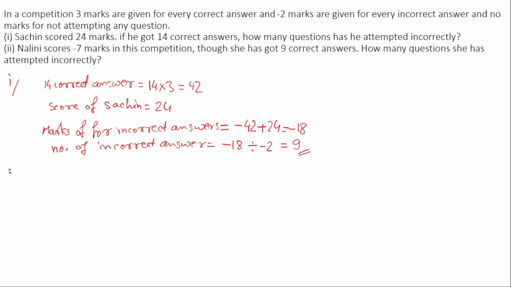Now number 2 is Nalini scores minus 7 marks in this competition though she has got 9 correct answers. So how many questions has she attempted incorrectly? So marks scored for 9 correct answers is equal to 9 into 3, that means 27.